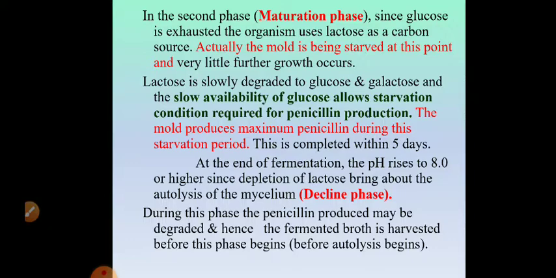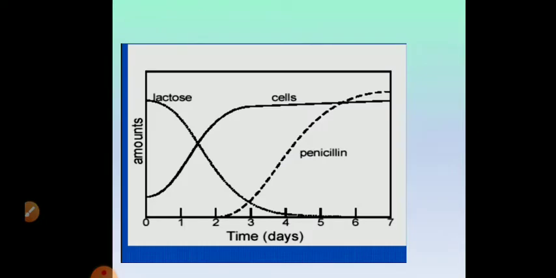The organism starts dying. During this phase, the penicillin produced may also be degraded, and hence the fermented broth is harvested before the decline phase begins. Okay, before the autolysis of mycelia begins, fermented broth is harvested, so that penicillin is not affected.